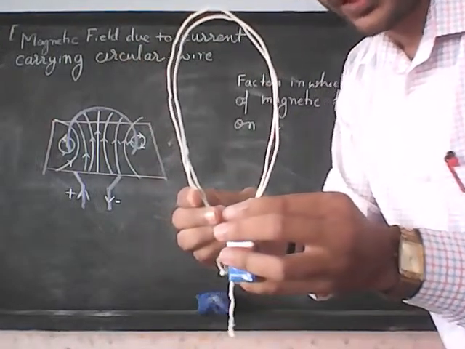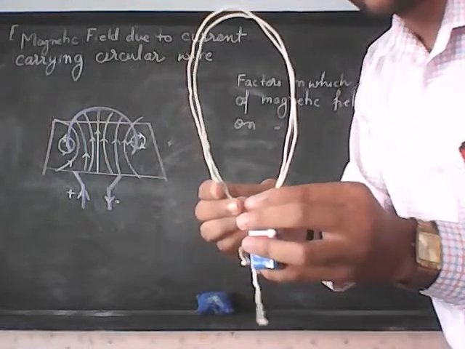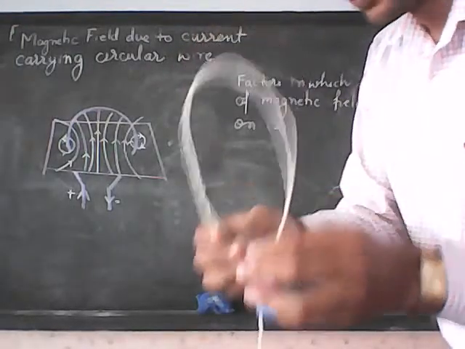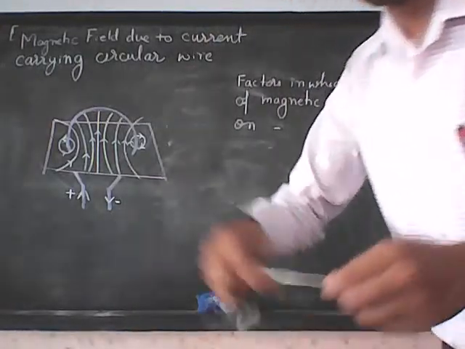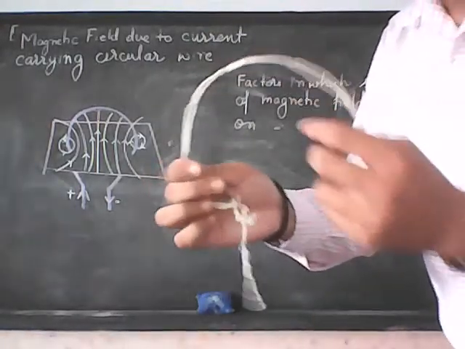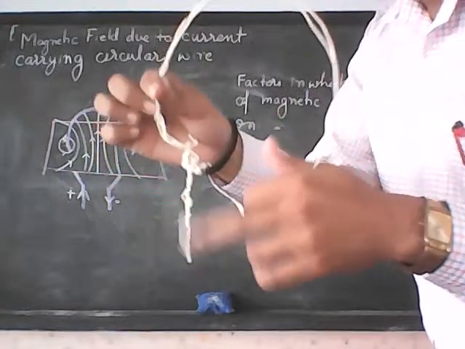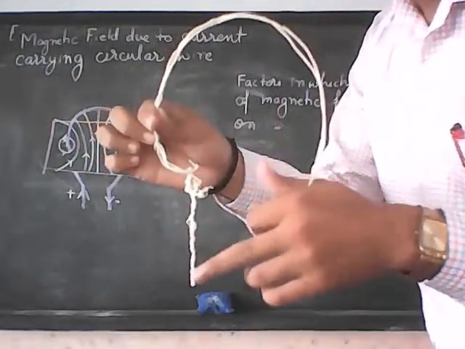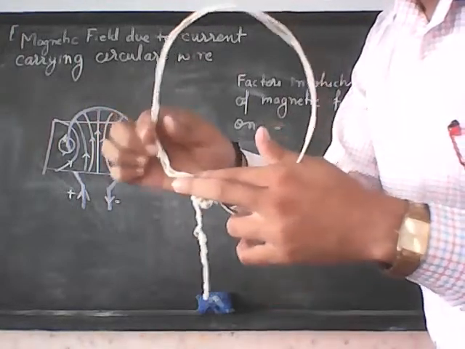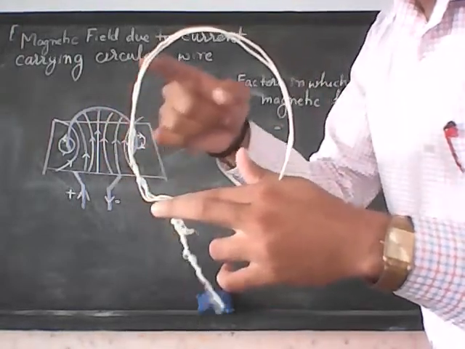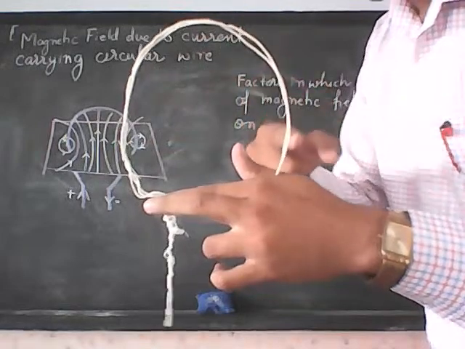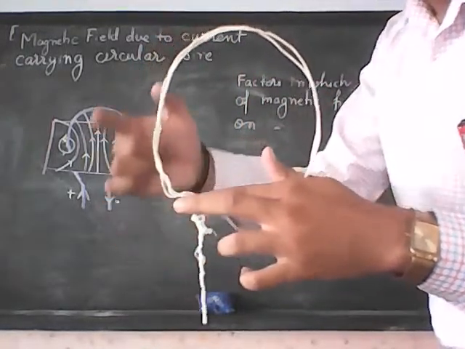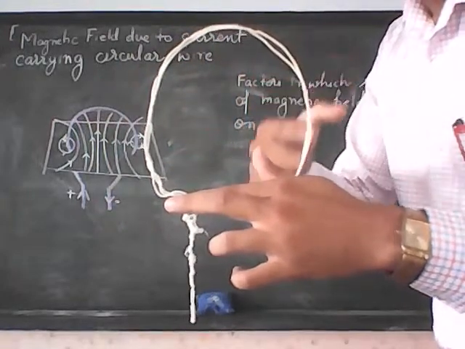So how will the magnetic field be there? What will be its direction? In this case, suppose this thread is showing the direction of current, meaning it is coming to this side and moving, so the direction of flow of current is from right hand side to left hand side.